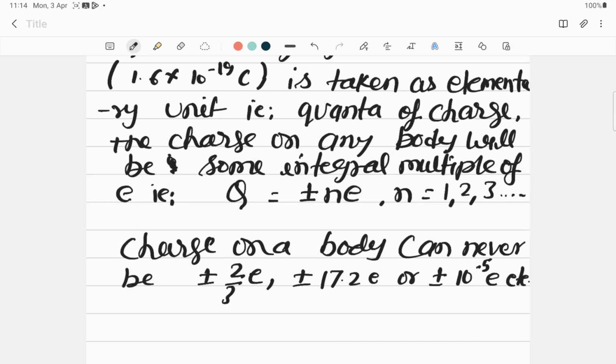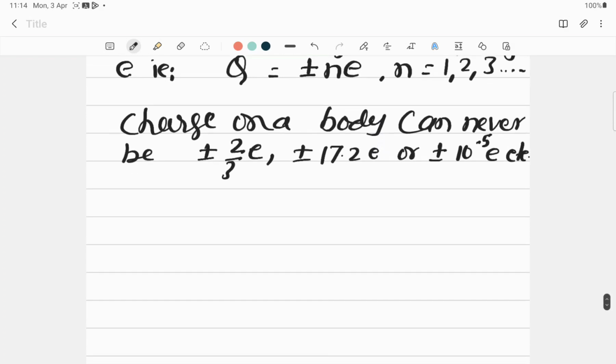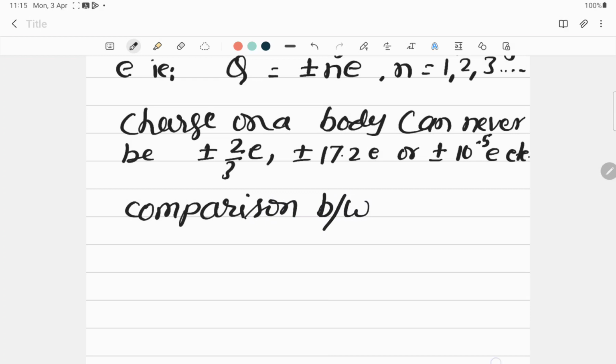Now let us summarize the comparison between charge and mass.